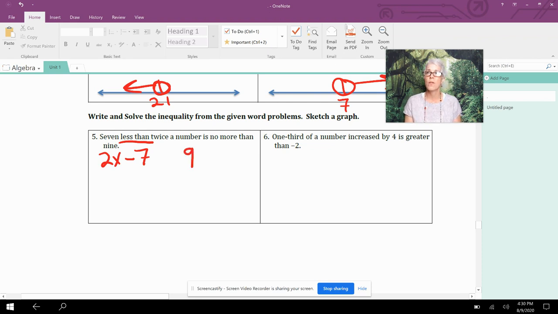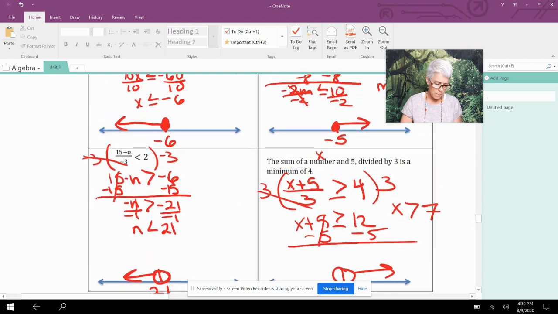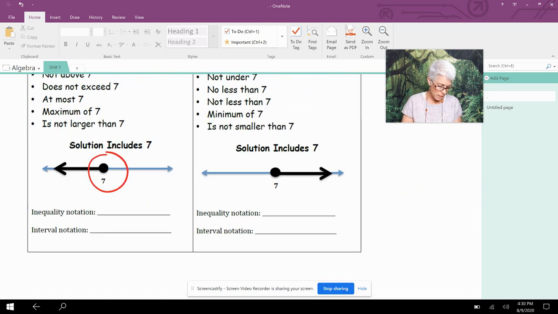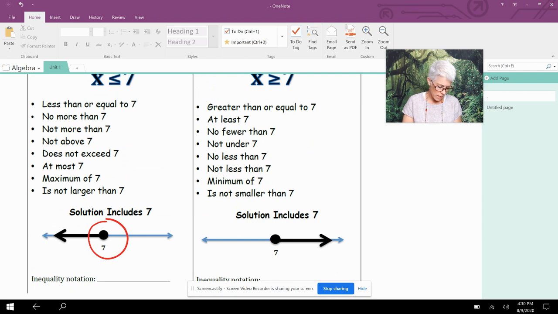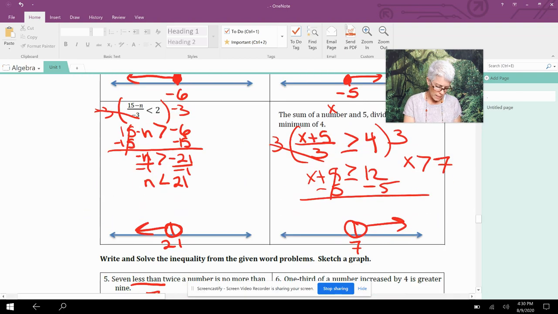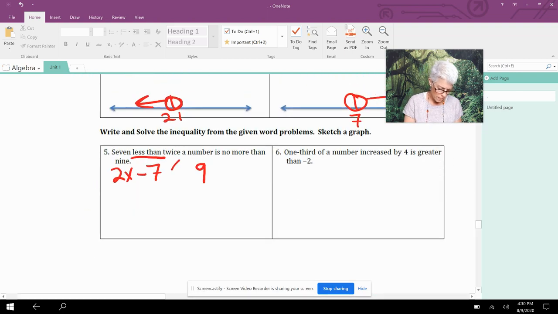Is no more than? Well, what does that mean? I'm going to come back up to my anchor chart. Is no more than. Oh, look, less than or equal to. So this is no more than, so it could be 9.